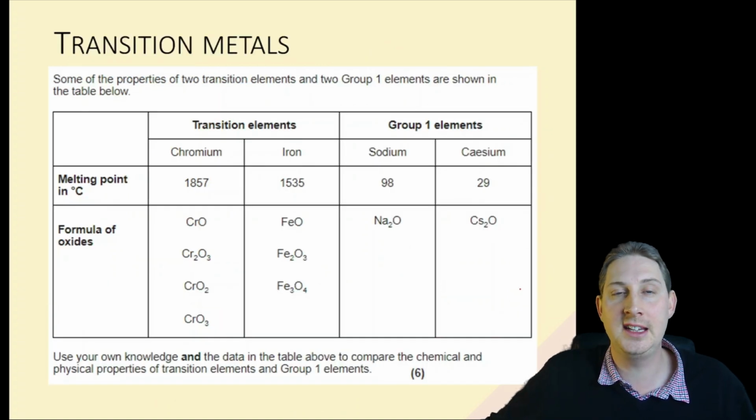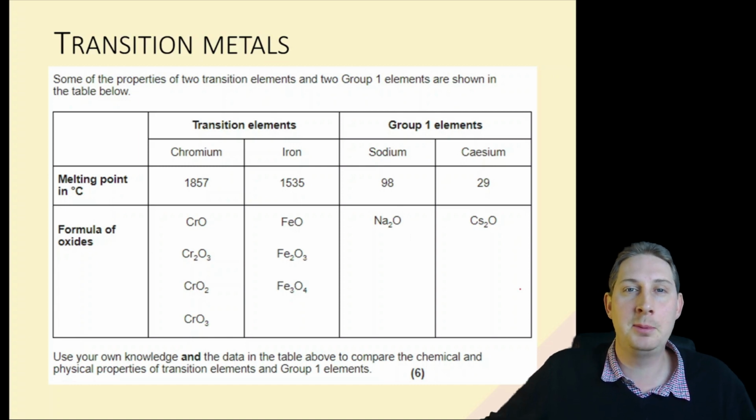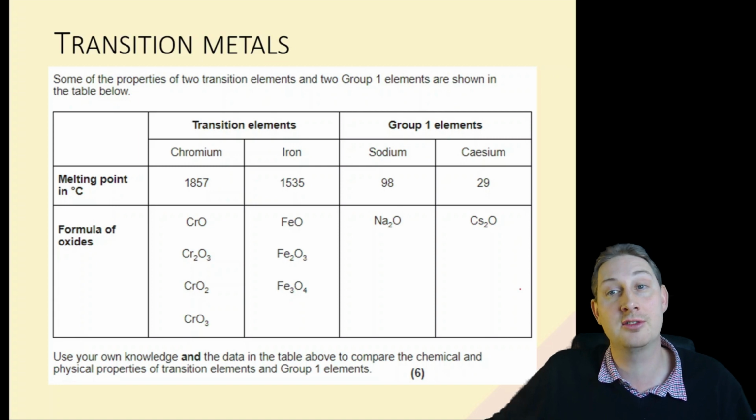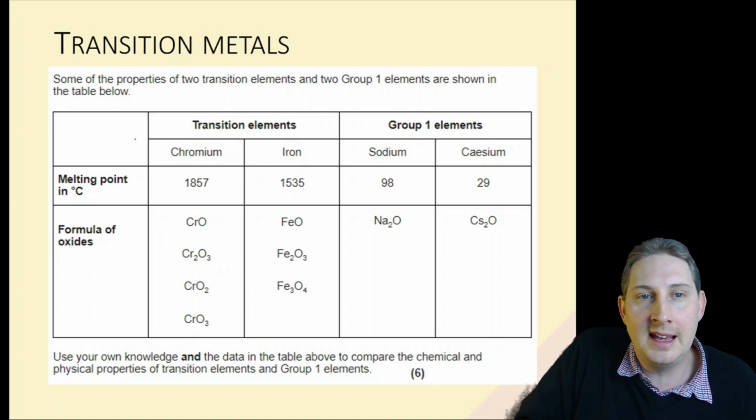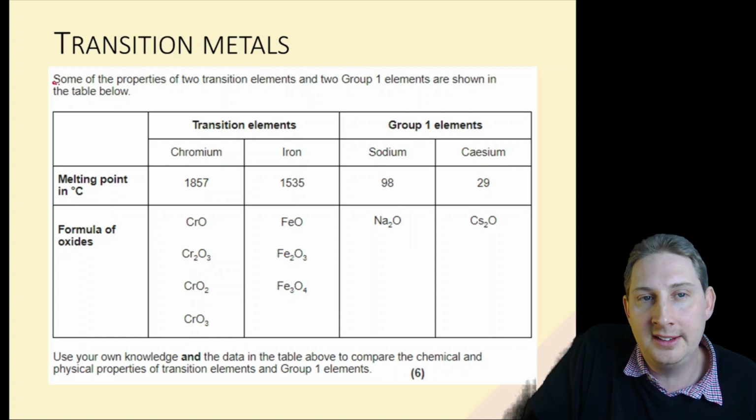Final question for C1. A bit that people often forget, transition metals, and you're asked to be able to compare and contrast transition metals with group 1 metals. So some of the properties of two transition metals and two group 1 elements are shown in the table below, and again it says some of the properties, and that is important.